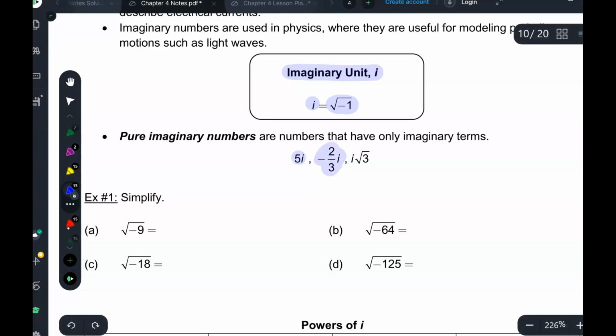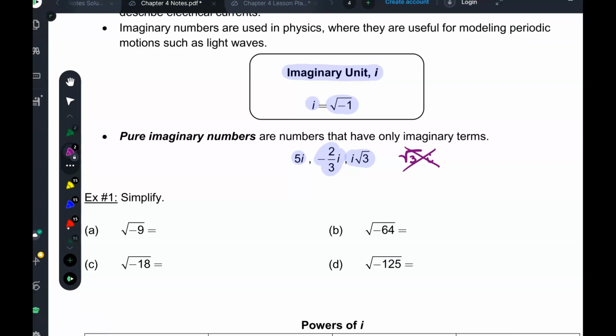You can have -2/3 i. You can have i times a square root. Generally speaking, I'm not going to write it as square root of 3 with the i after, because I don't want to accidentally put the i under the square root. So whenever we have a square root involved, I like to put the i first.